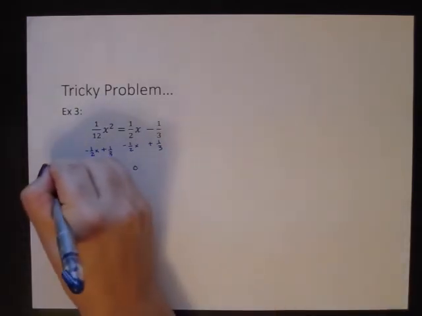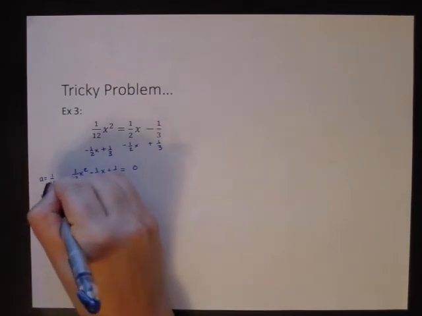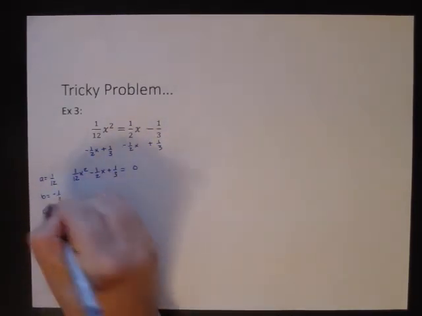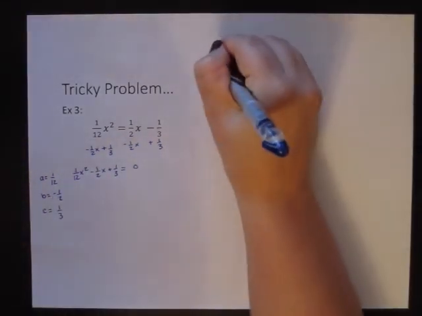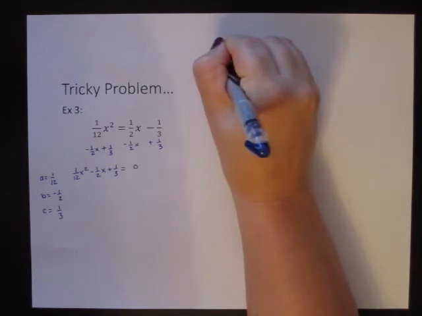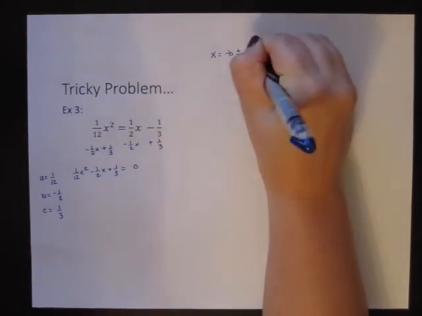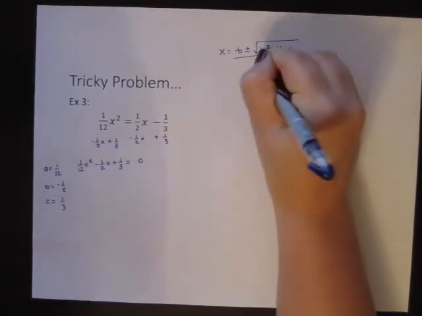Alright, so my A is 1/12. My B is -1/2. And my C is 1/3. Alright, I'm going to start up here just because we're going to need the room. So I got x equals -b plus or minus the square root of b squared minus 4ac all over 2a.